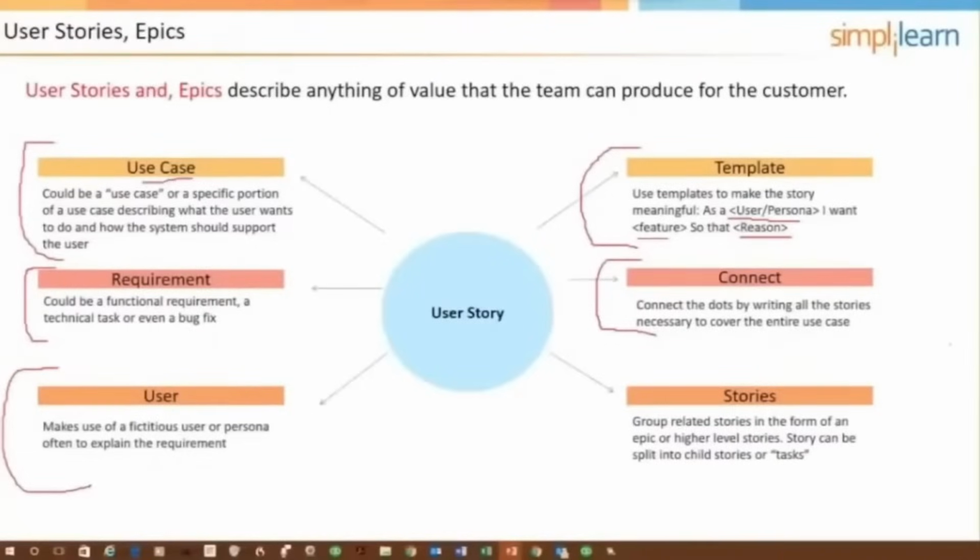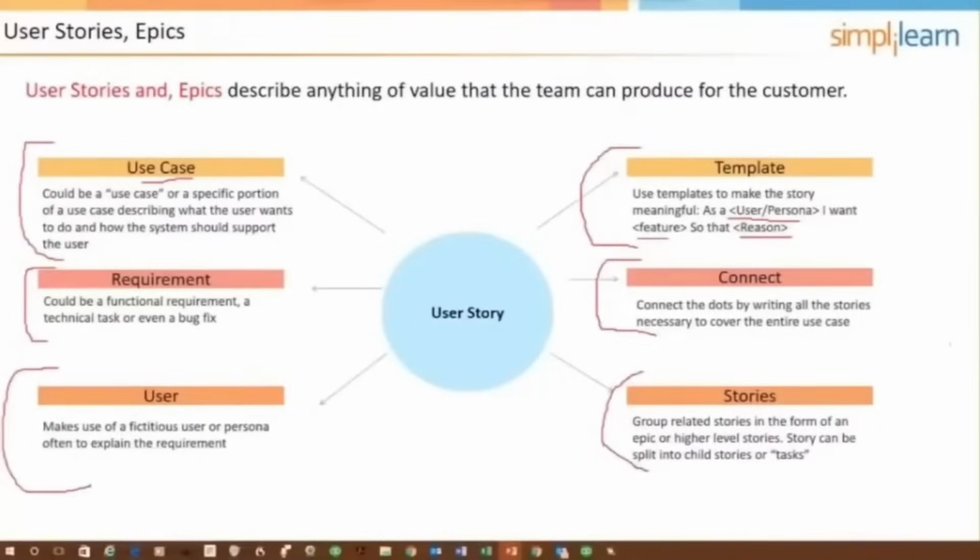And so, of course, we would want to be able to connect the dots and see where all the user stories fit into the overall goal of the project or release. And the stories, excuse me, are grouped to form an epic or higher level story, so epic theme. Stories can then be split into child stories or tasks, and so that's what we were covering before, right?